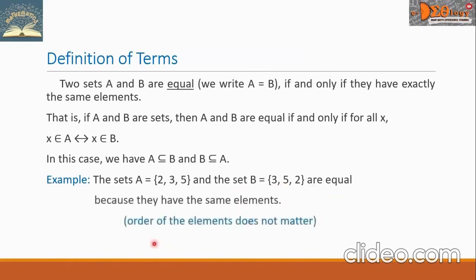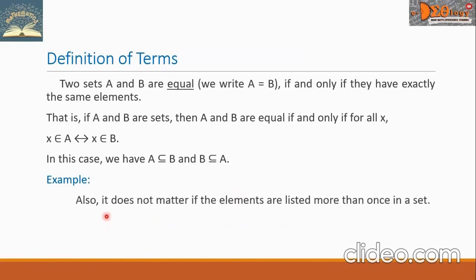The order of the elements does not matter. Also, it does not matter if the elements are listed more than once in a set. Example, the set {2, 2, 2, 3, 3, 5} and the set {2, 3, 5} are equal.